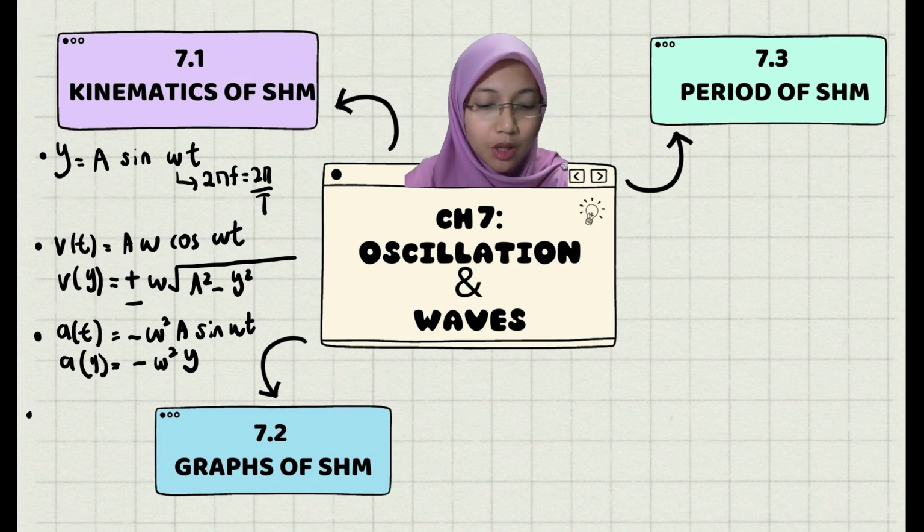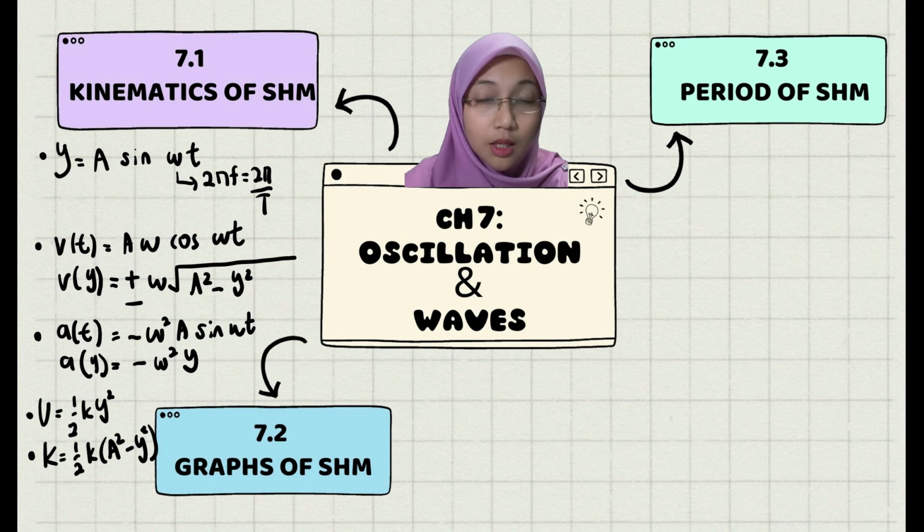The potential energy is half k y squared, and for kinetic energy we have half k times A squared minus y squared.